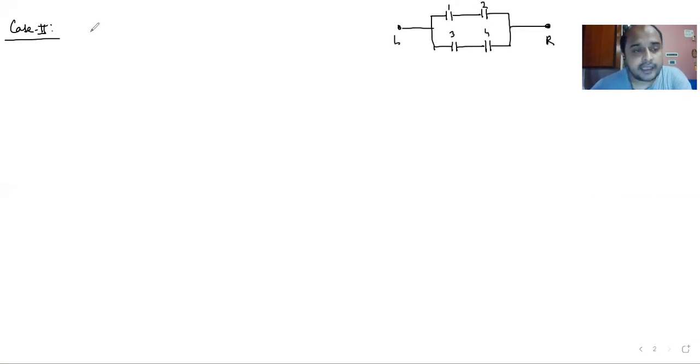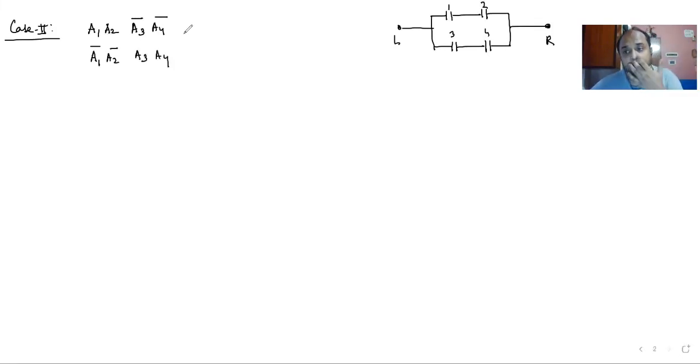Another case may happen, that relays 1 and 2 are closed, but relay 3 and relay 4 are open. This is one case that can happen. Or relay 1 and relay 2 are open, and relay 3 and relay 4 are closed.